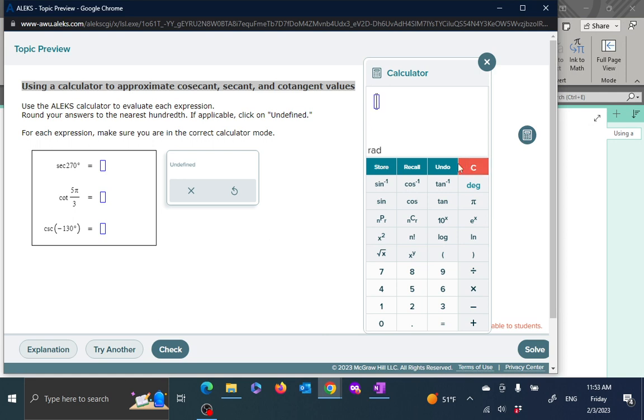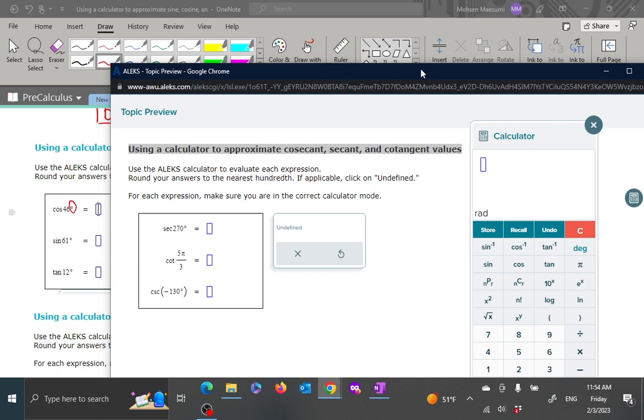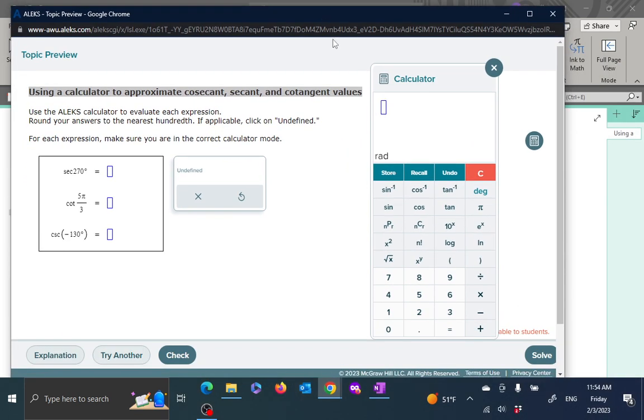Suppose I had cosine of 46 degrees. You see that this is showing radians, so I have to go choose degrees here, and then I'll be set. There is no option for grad on this one. They decided to eliminate that altogether.